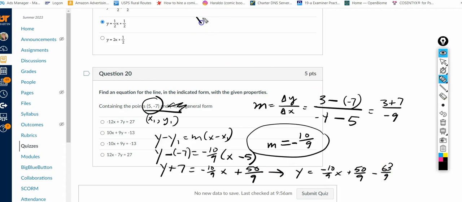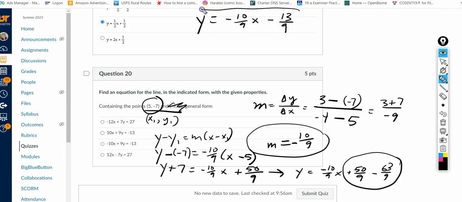So let me take it back up here. I'm going to have y equals negative 10/9 x, and 50/9 minus 63/9 is going to be negative 13/9. Now, this is a correct answer, but when you look at the selections, it's not in that form.